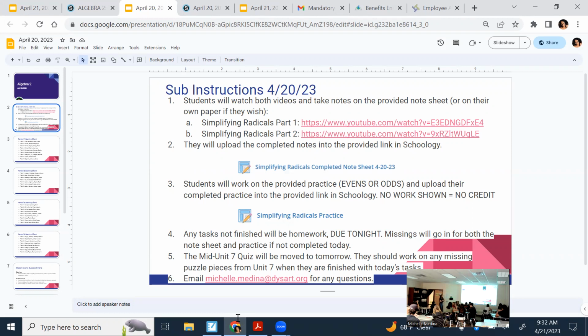And here's an example of the instructions in the slides that you could have looked at: it was just evens or odds on the practice. If you did all of it, then you get extra practice. But both are uploaded to Schoology. I was not collecting any of that physically. Once those notes are taken and the practice is done, upload them; they have separate links. So do take care of that if you haven't already.